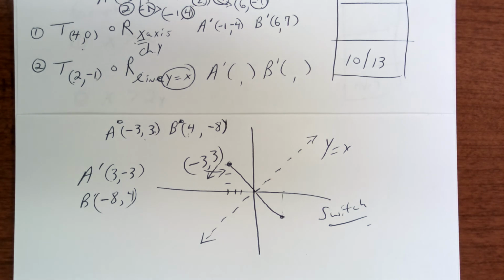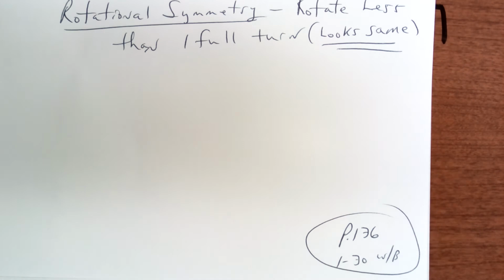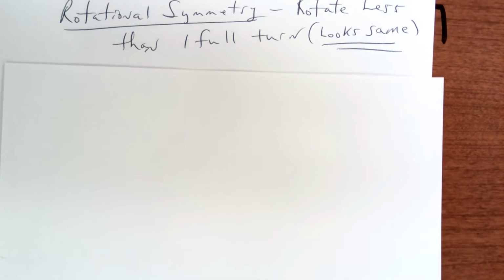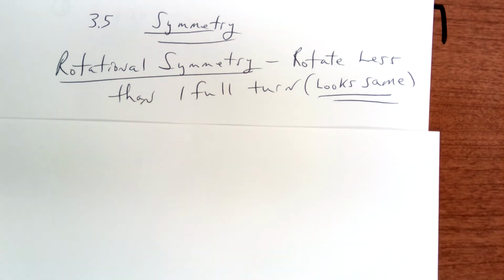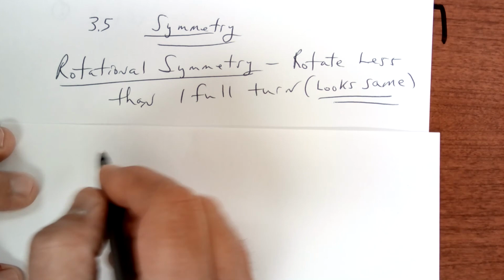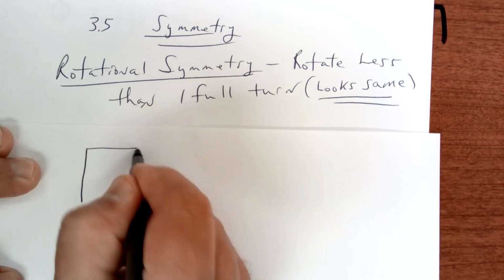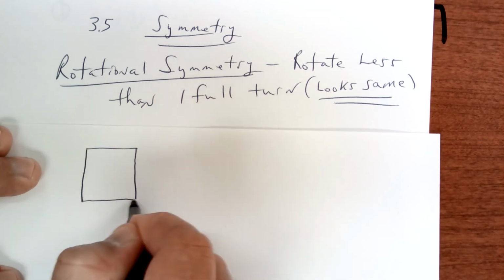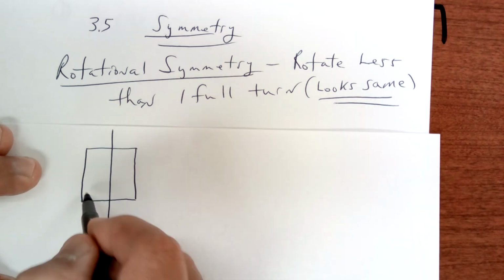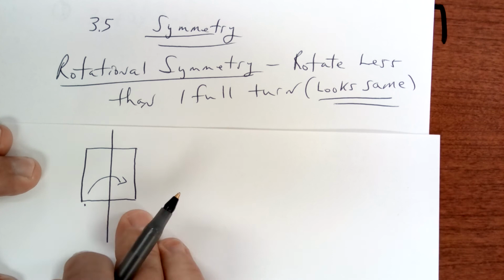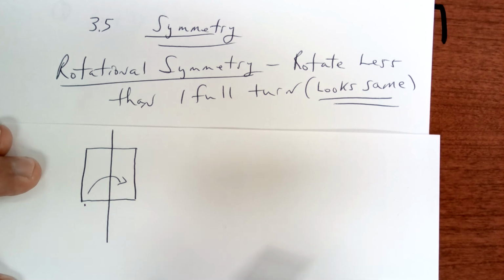On a new sheet of paper, copy down this. Symmetry. Well, symmetry is like if you take a square and you draw a line down the middle and you fold this end over, it would match itself.